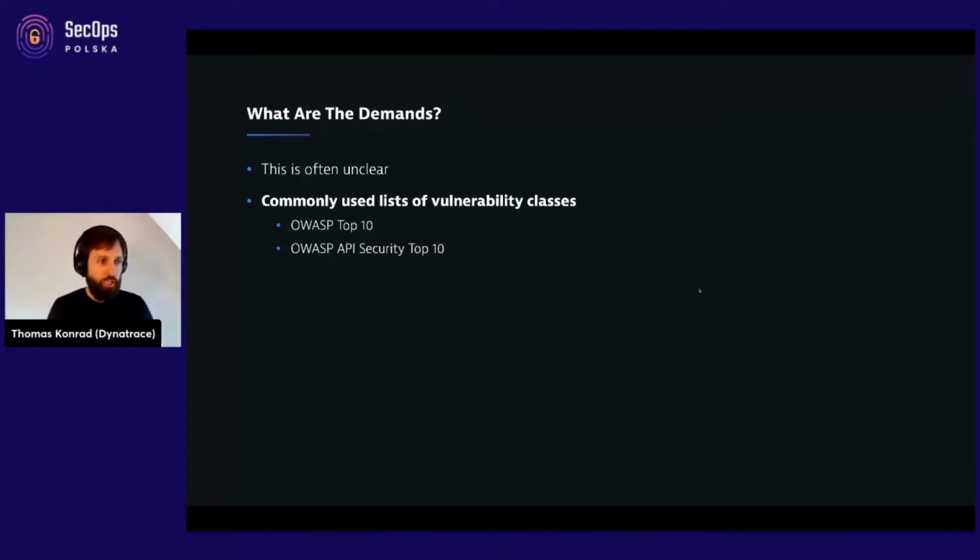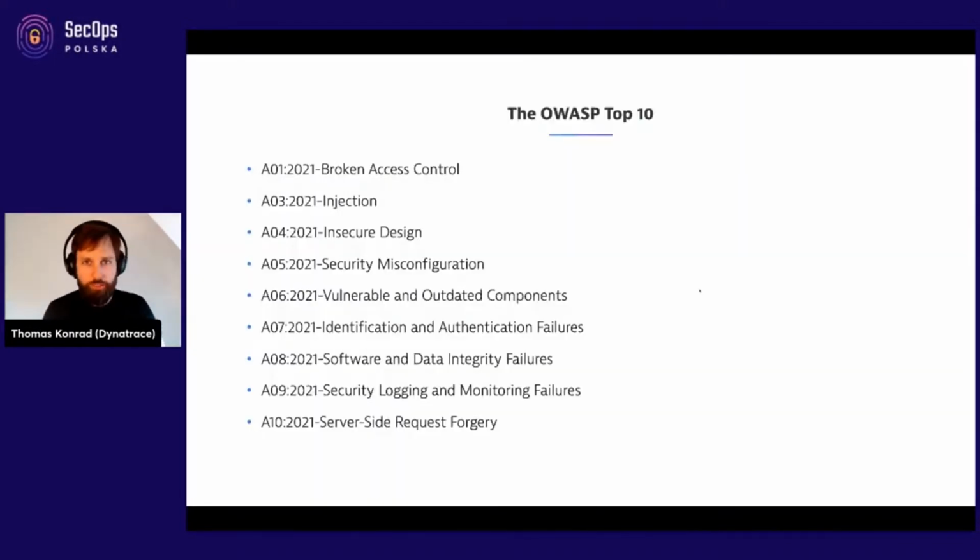So a company could say, we want to protect ourselves against the OWASP top 10, or the OWASP API Security top 10, which is something similar, but for APIs specifically, so not for classic server-side rendered applications where the request goes to the server, HTML is built, the whole HTML gets back and is rendered by the browser, but single-page applications, for example, that speak with a JSON REST API. So let's have a closer look at the OWASP top 10.